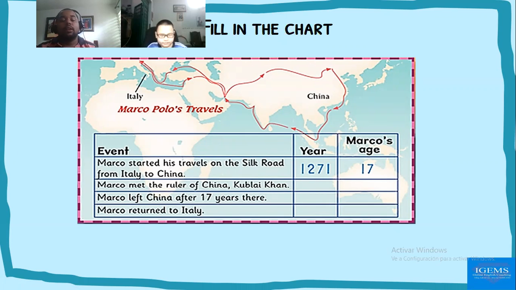Number one, Marco Polo started his travel on the Silk Road from Italy to China in what year? 1271. What was his age? 17.